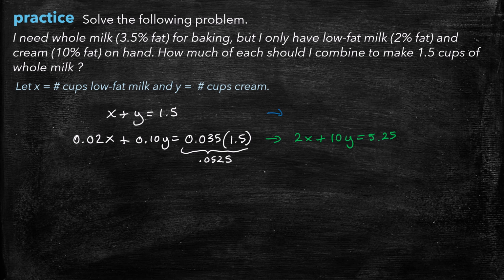I like substitution when one of the variables can be isolated effectively, so I isolated y equals 1.5 minus x. Then I will have 2x plus 10 times (1.5 minus x) equals 5.25. I will leave the solving up to you, but you should get that x equals approximately 1.2, and then solving for y, I got y equals approximately 0.3.